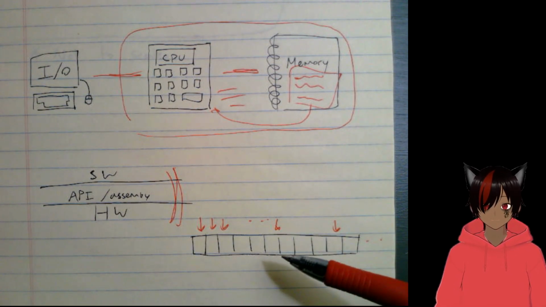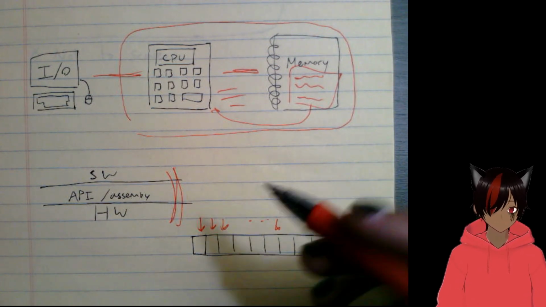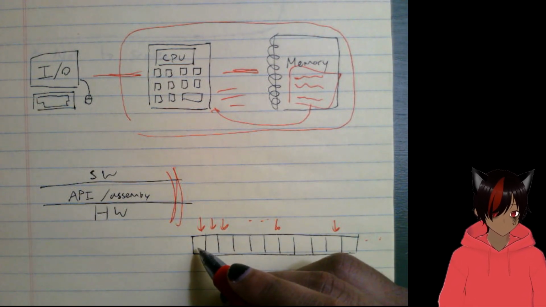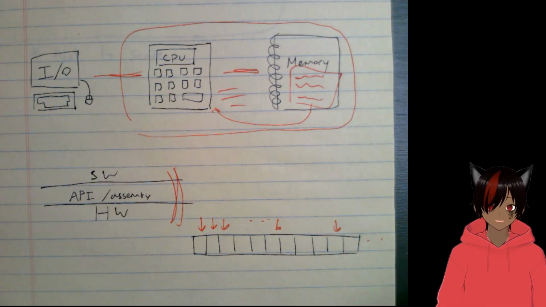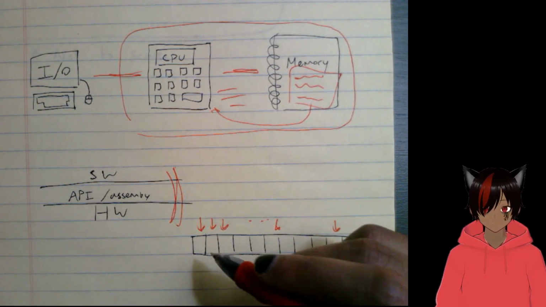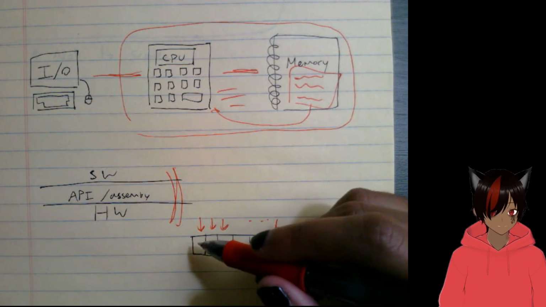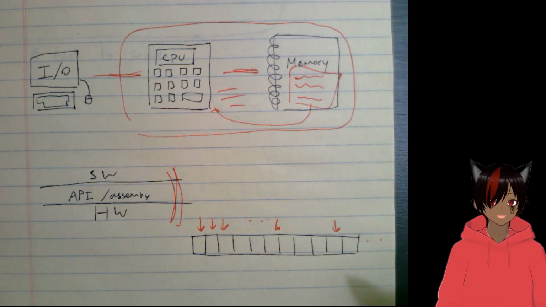This is probably orders of magnitude worse. When we're doing just a simple linear iteration, the memory subsystem of the computer will assume, hey, this person is iterating over a list.